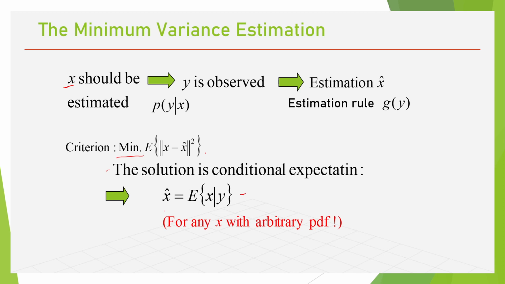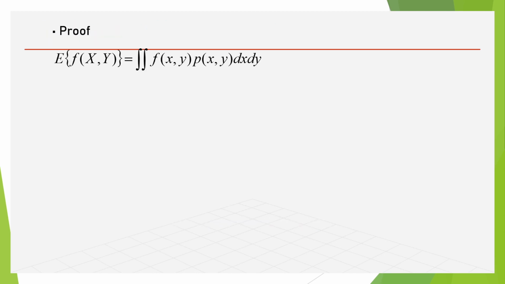Yes, there is a proof. It's a little bit of mathematics, but I can explain the idea. First, let's see the estimation, the expectation of a function of H and Y. H is the state that describes the dynamic behavior.